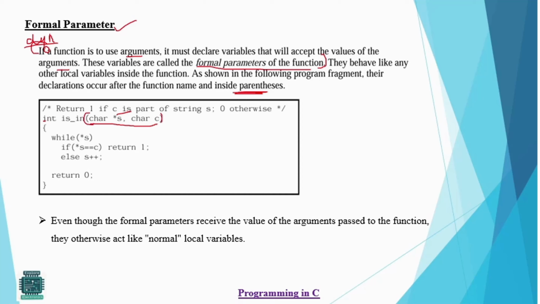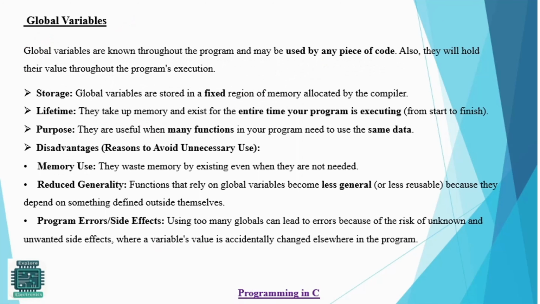Though the formal parameters receive the values of arguments passed to the function, otherwise they act like normal local variables. If you don't declare the variables in these parentheses after the function name, the compiler thinks of them as local variables.